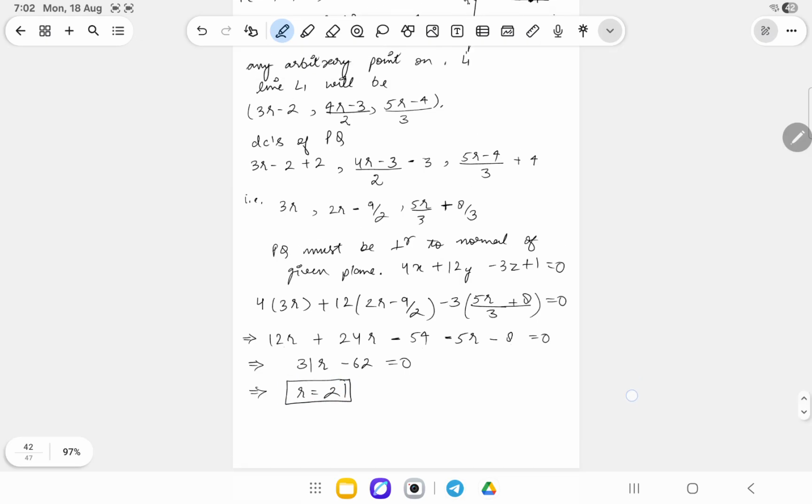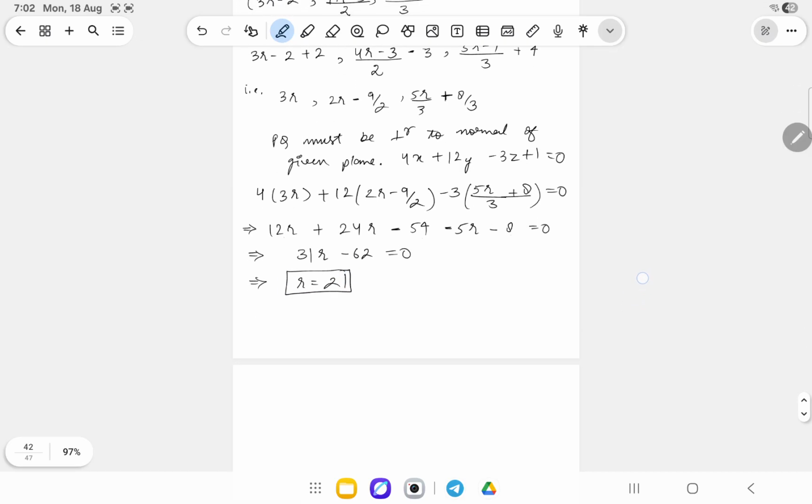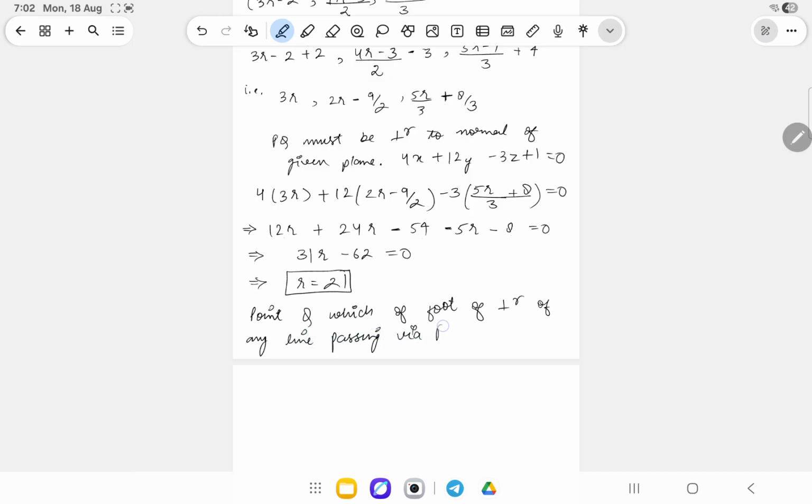If r is 2, I can easily find the value of Q. Point Q, which is the foot of the perpendicular of any line passing via P on line L1.